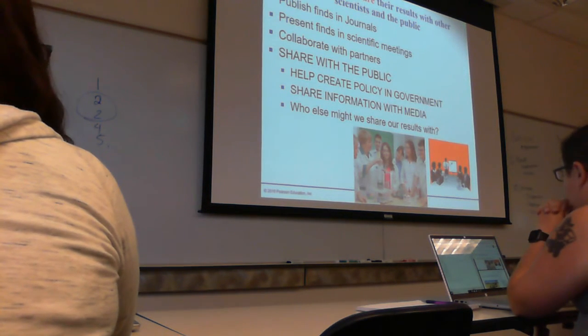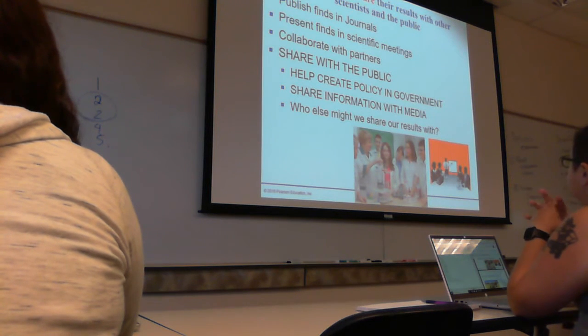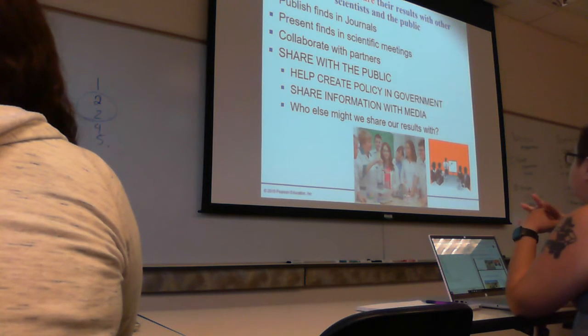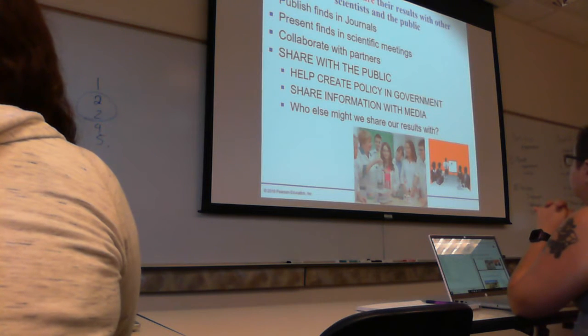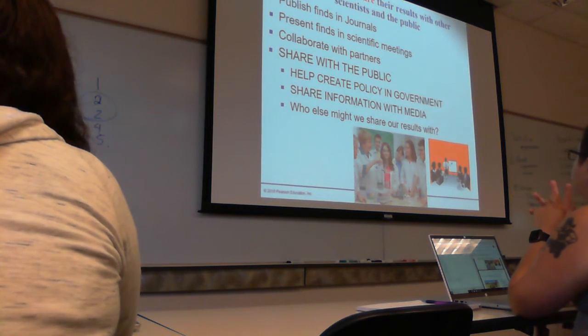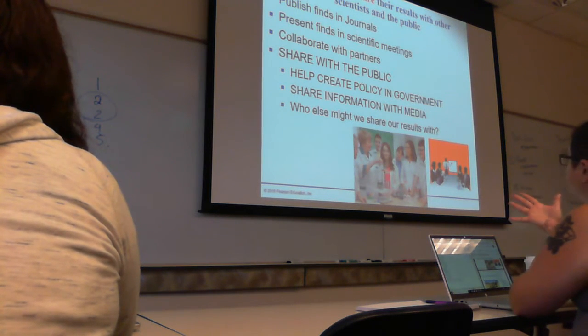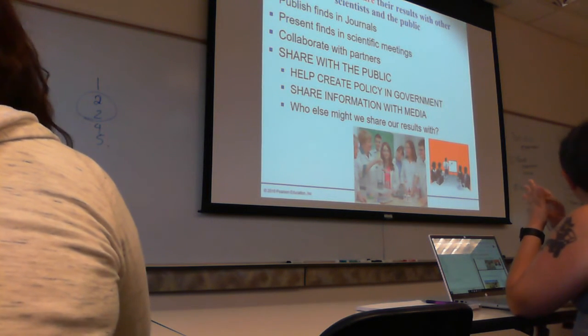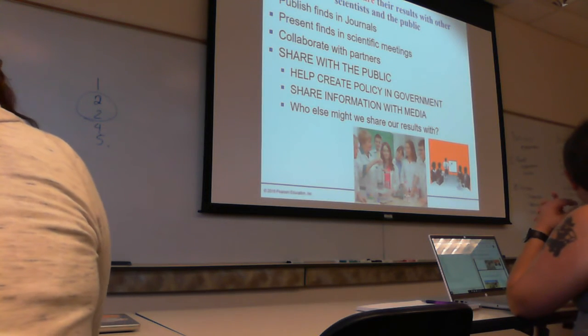All right, so scientists must share their results, right? We talked about publishing, collaborating with partners, with the media. Another one that's big, it's really important, is with the government, right? Because the government makes policies, the health department, the Environmental Protection Agency.